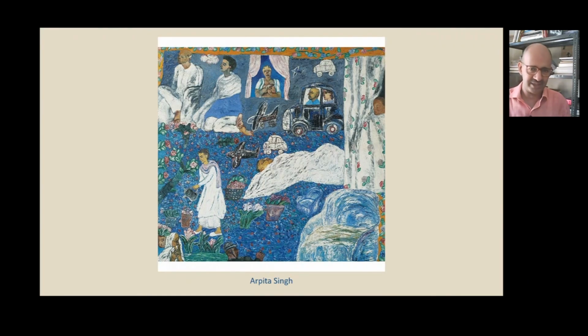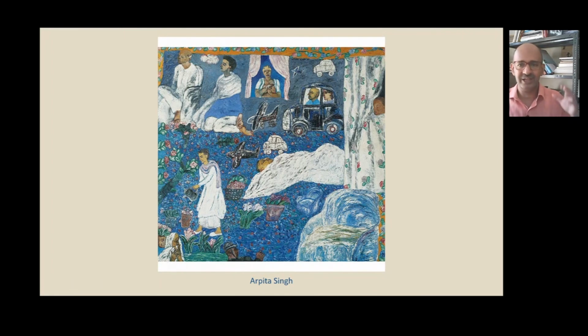Then Arpita Singh from Delhi, she is more directly addressing the new city life, particularly in relation to the middle class life of India. What is now the middle class doing in the new Indian life?